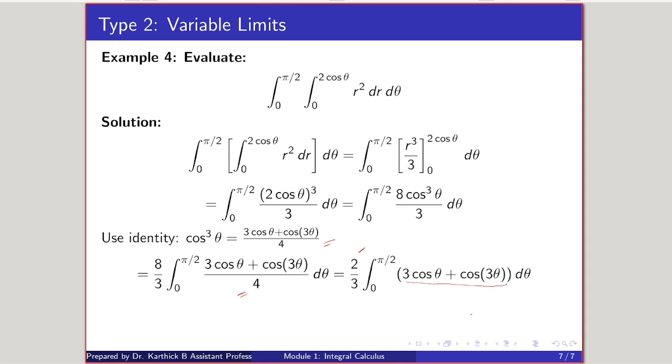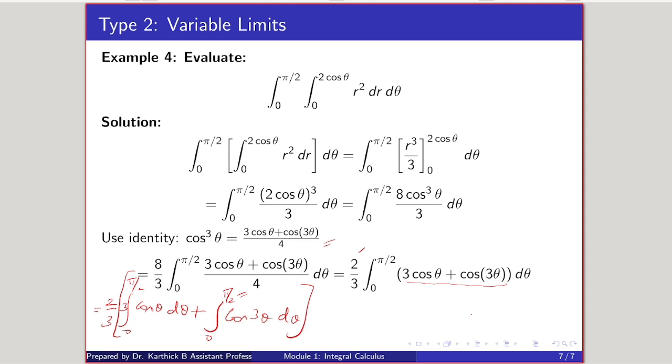So here we may solve this problem: 2 by 3 and 0 to pi by 2. We may split the integral. 3 will be a constant, cos theta d theta, plus 0 to pi by 2, here it becomes cos 3 theta d theta.